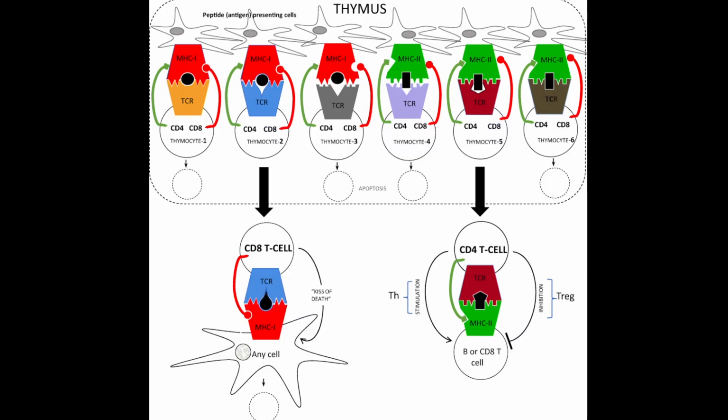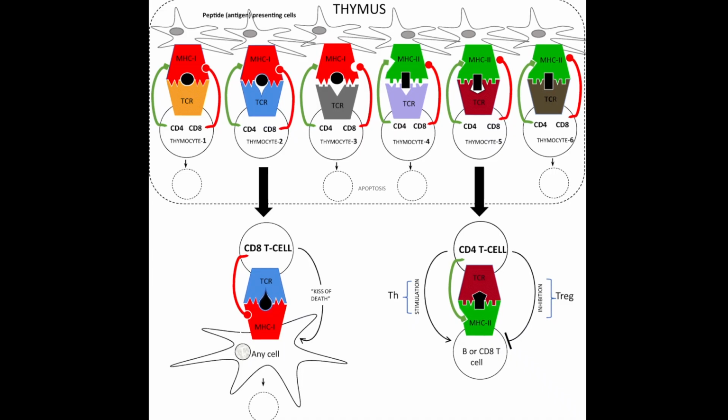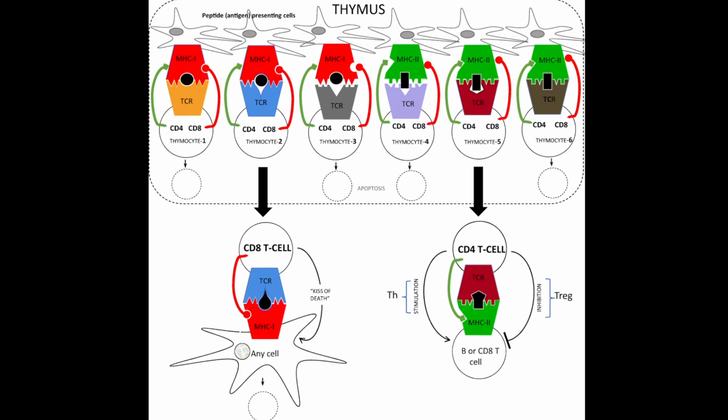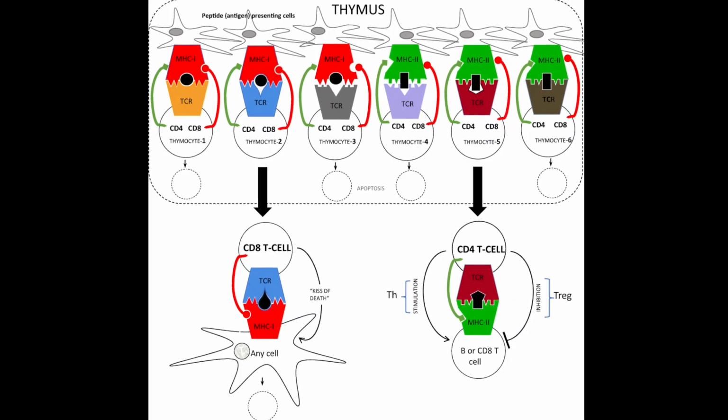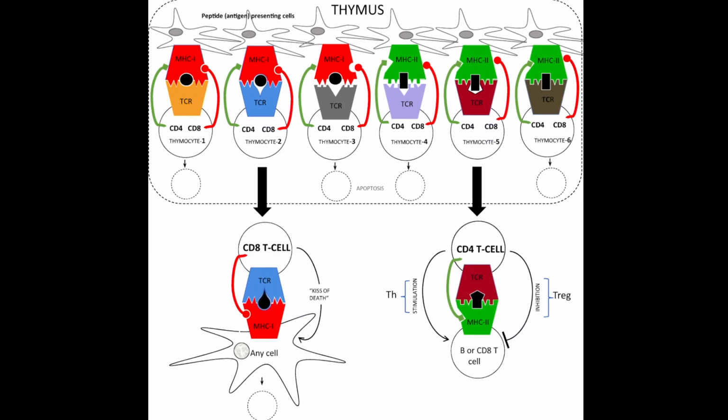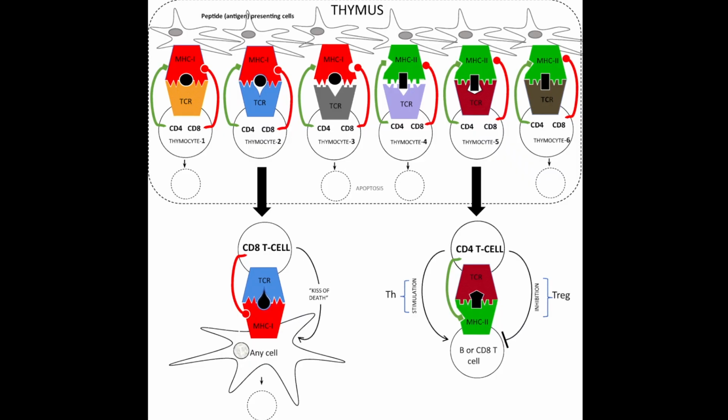So looking at this image here, on the very left we can see this immature T cell, the CD8 co-receptor is binding, so that's awesome. This T cell is able to bind the MHC, that's cool. It was able to get through positive selection, but in negative selection it doesn't make it through, because as you can see, the one on the very left is binding way too tightly to what is presumably a protein of human origin.